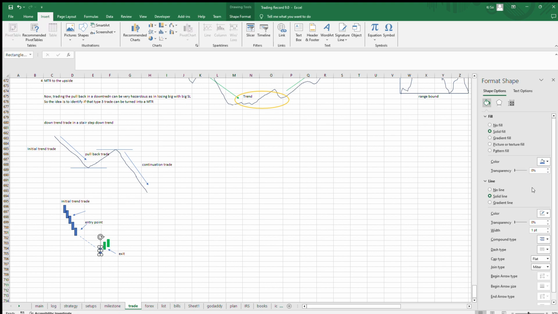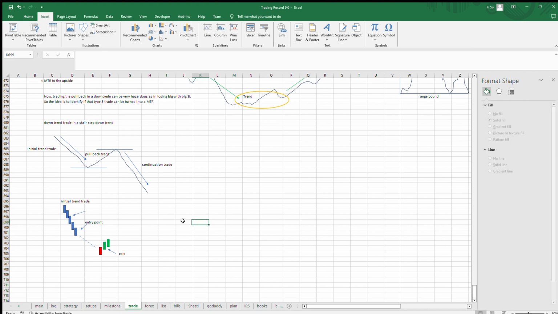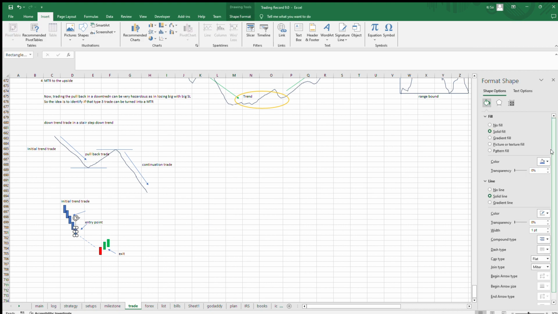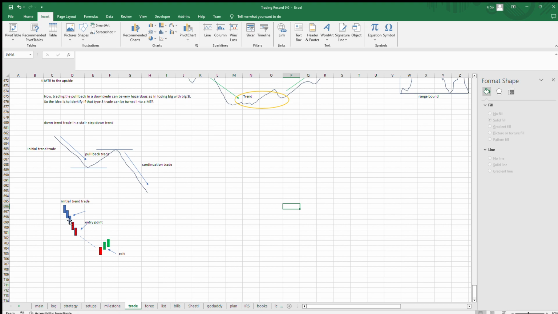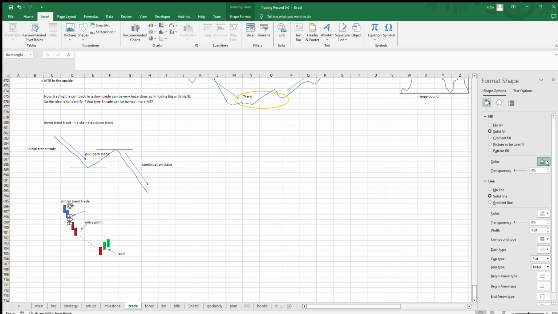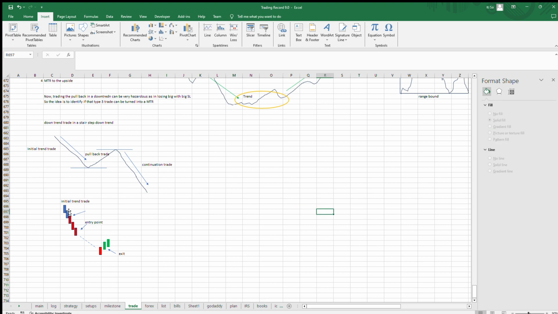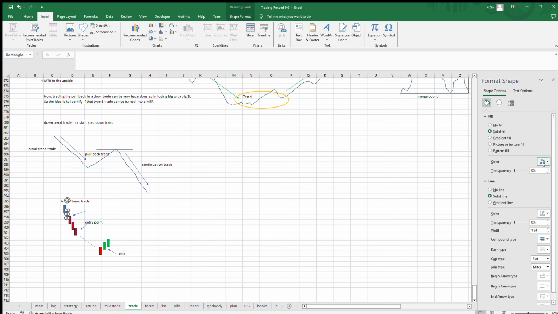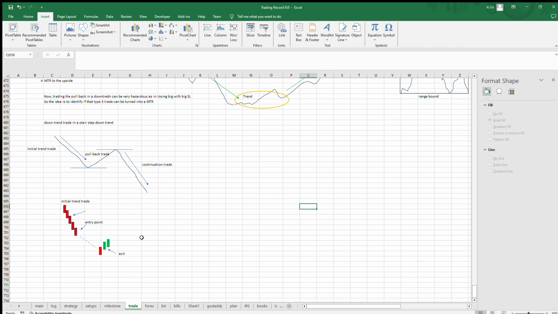to here, and then to this point where it's going to be right here. Right here.